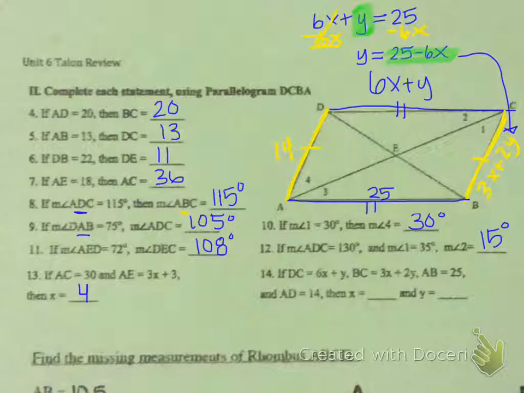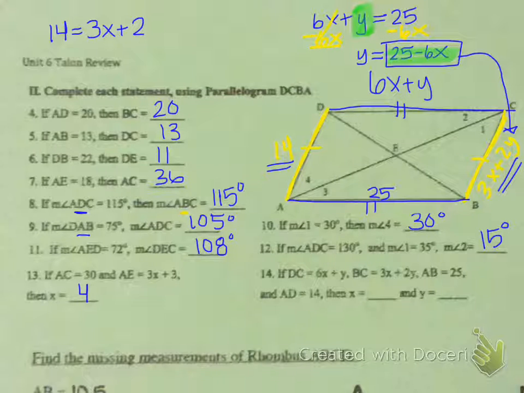So I know that 14 is the same size as 3x plus 2y. So I'm going to do 14 equals 3x plus 2, but instead of writing y, I'm going to write this expression 25 minus 6x. So I have 2 times 25 minus 6x. Now I have an expression with only x's and I can solve that.